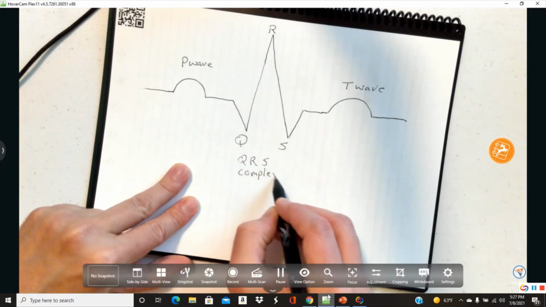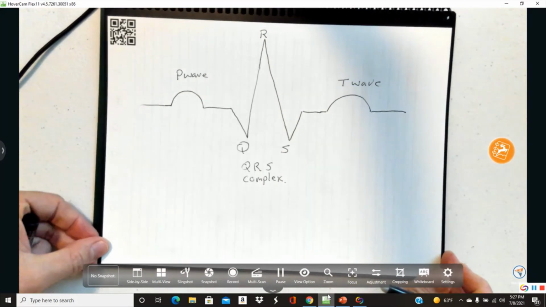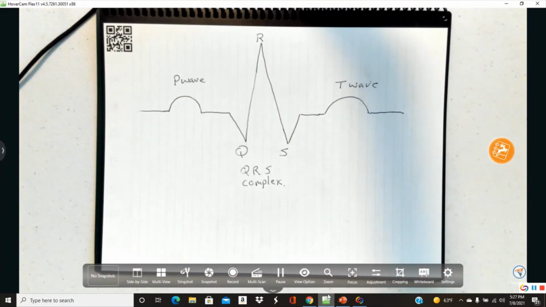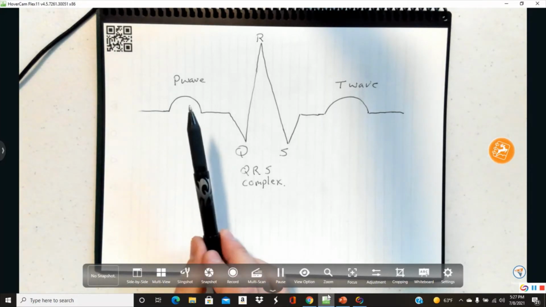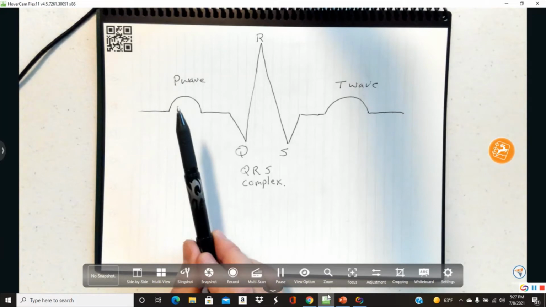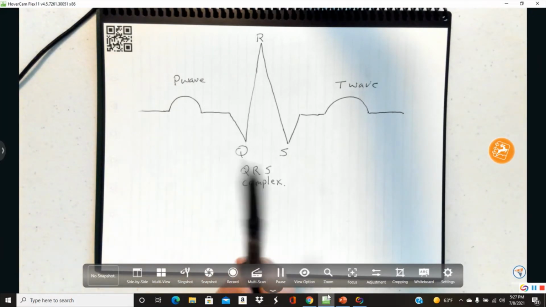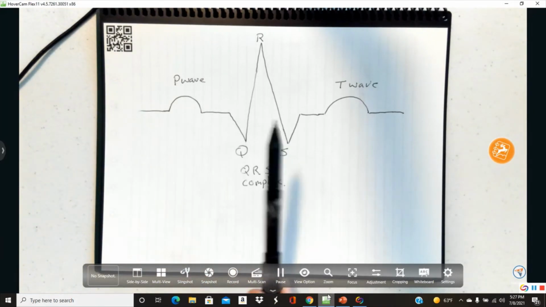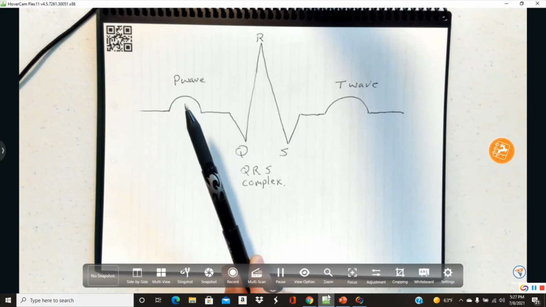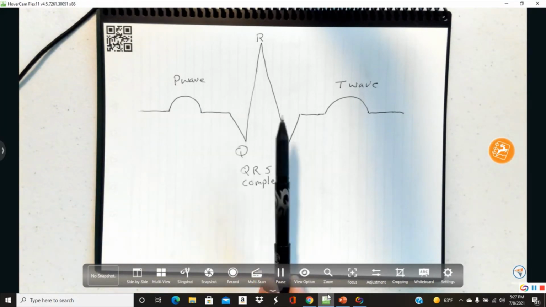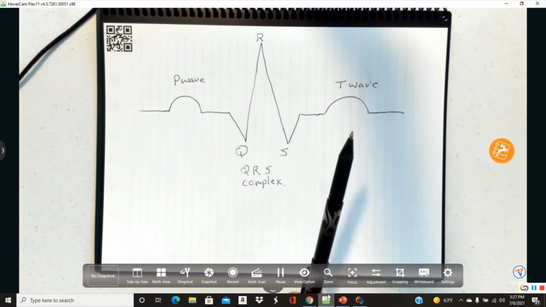Now, what is happening during these, and this is tied to heart rate and things like that. Let's look at each one of these. We know that atria depolarize and contract first because of the SA node. So the atria will depolarize, atria repolarize, ventricles depolarize, ventricles repolarize.